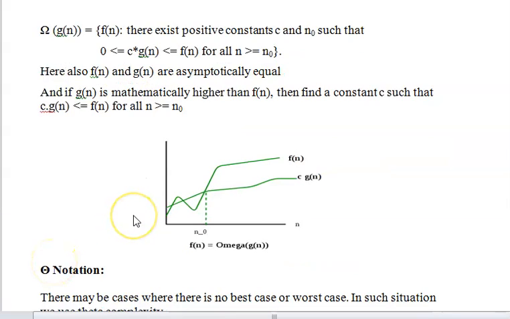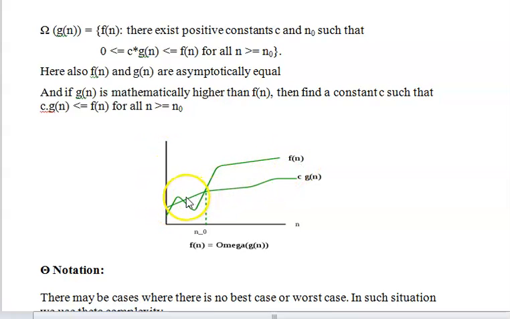The definition of big omega goes like this. If big omega of g of n is equal to f of n, then there exist positive constants c and n naught such that c into g of n is always less than or equal to f of n for all values of n which is greater than or equal to n naught. The definition will be clear when we look into the graph or plotting below. So these are the two functions.